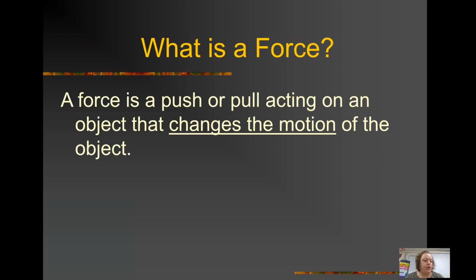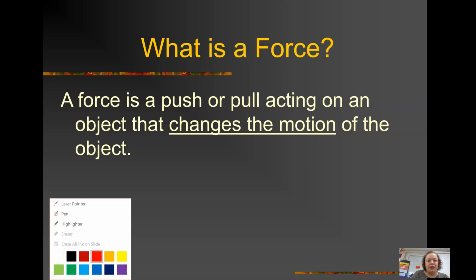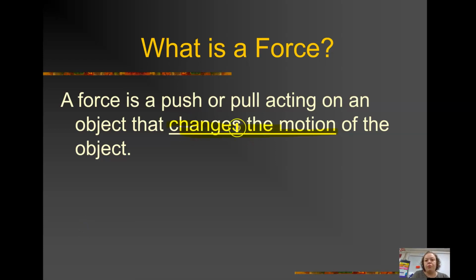Now, basic definition. Force is a push or a pull acting on an object that changes the motion of the object, okay? This part right here is super important because that's the definition of acceleration. So a force is a push or pull acting on an object that can cause an acceleration.